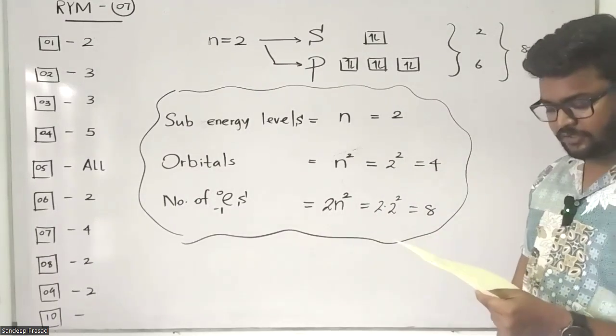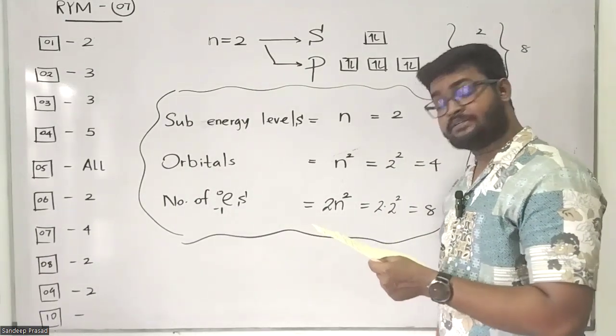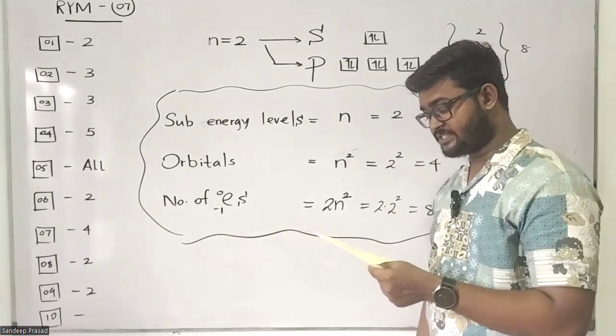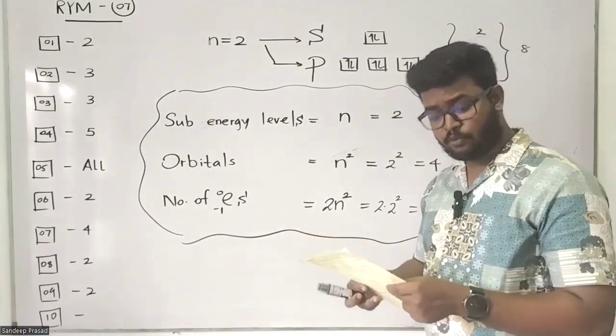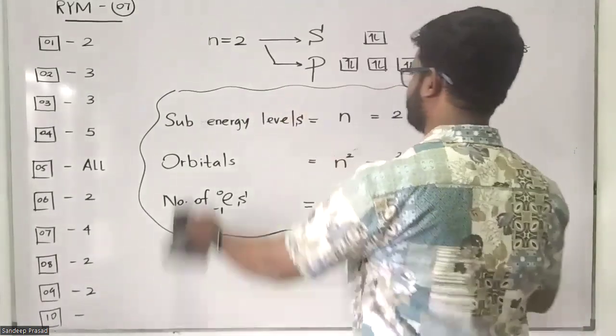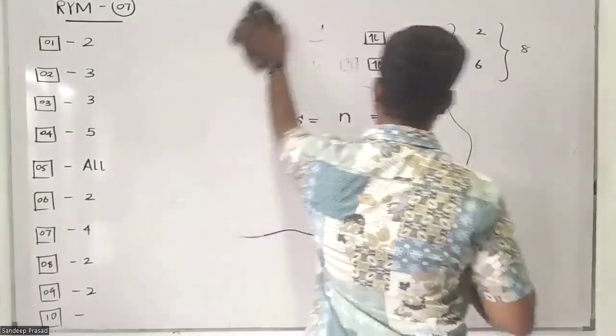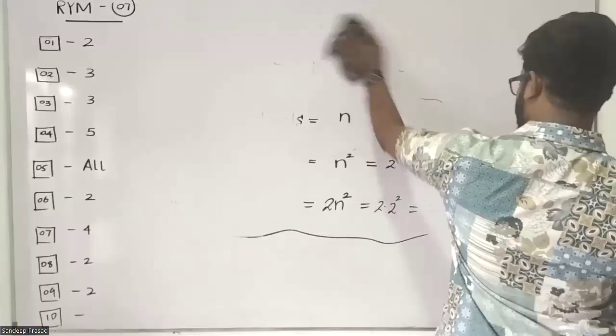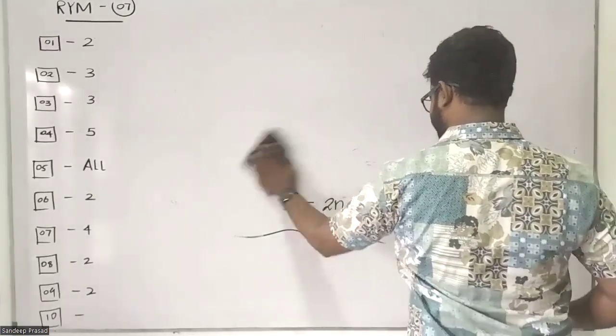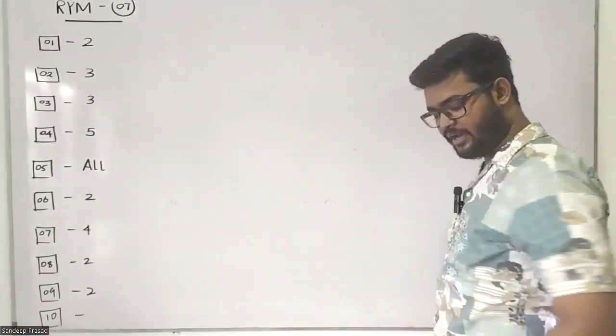Which of the following represents the electron configuration of the atom which is isoelectronic with the ammonia molecule? Students, look at this one. We know that the ammonia molecule contains 1 nitrogen atom and 3 hydrogen atoms, isn't it?